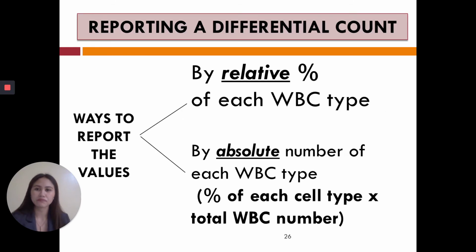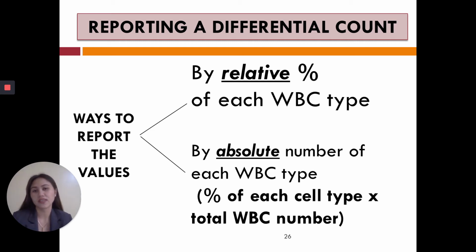Okay? So say for example you're done identifying 100 WBCs, and you already have probably let's say 60 neutrophils, 30 lymphocytes, 10 monocytes, and then 15 eosinophils, and 5 basophils.